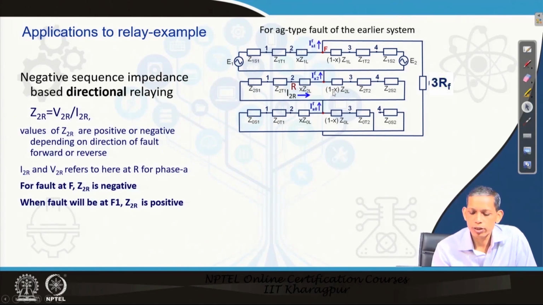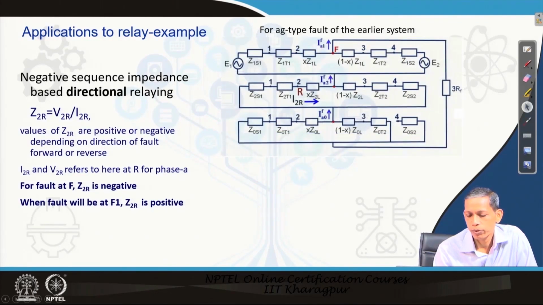So, see here, when you talk about the negative sequence diagram, let us say the relay is at bus 2 and a fault has occurred to the right hand side of the relay at this point. Then we see that the corresponding current I2R is flowing from bus 1 to bus 2.